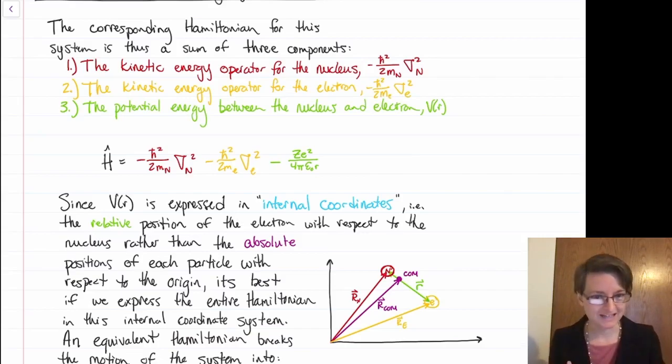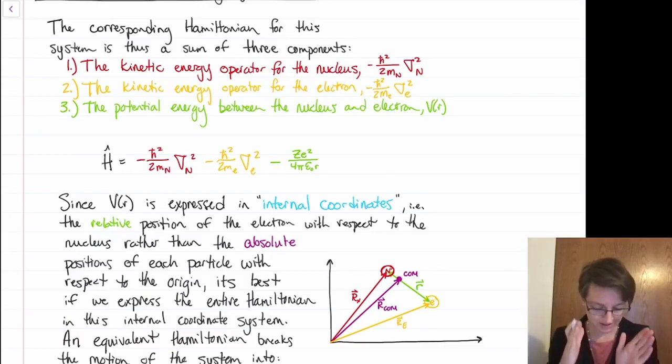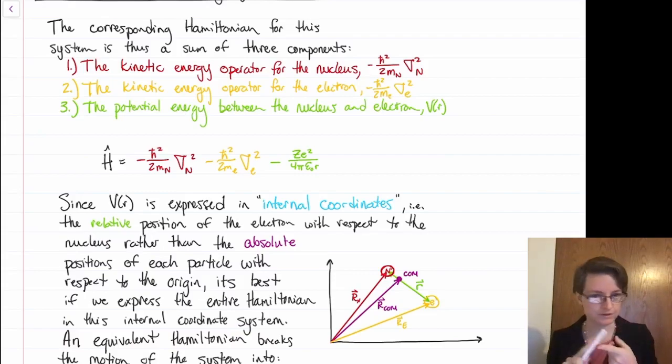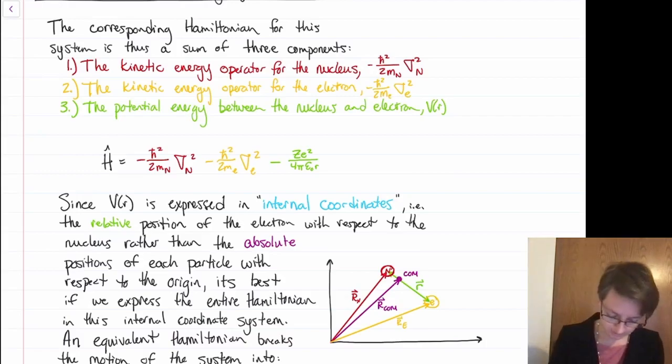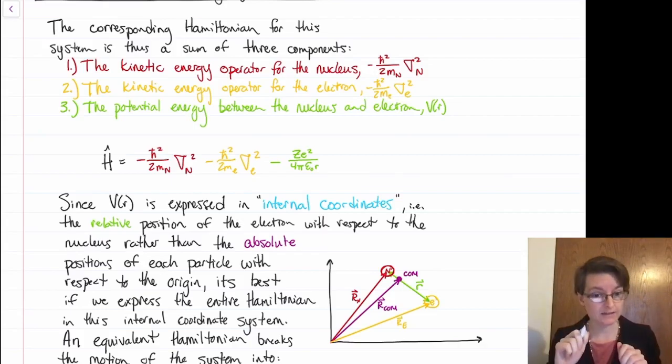And wouldn't it be nice if instead of having three different competing coordinate systems for these different particles, we could break this down a little bit more? The natural way in physics, it turns out, to break this coordinate system, that's the red and yellow vectors describing all the positions of the different particles, again here I have two particles, nucleus and electron, in terms of absolute positions, is instead to describe how the center of mass is changing in terms of absolute coordinates.